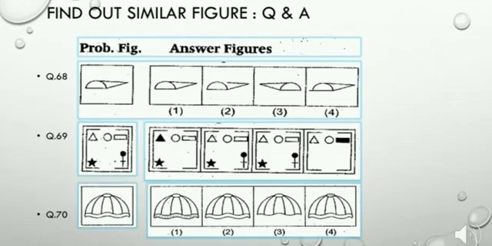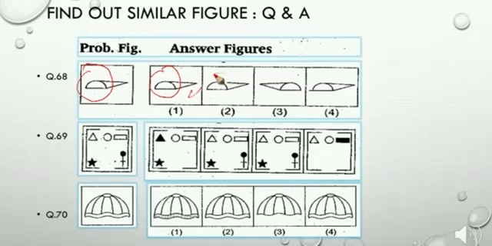Let's go to question number 68. In this question there is a problem figure given and there are 4 options given. We need to see which of the options is exactly similar to the given problem figure. Let's see the problem figure. Let's check this portion first. This portion is available in option 1.